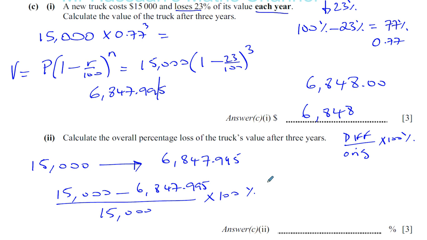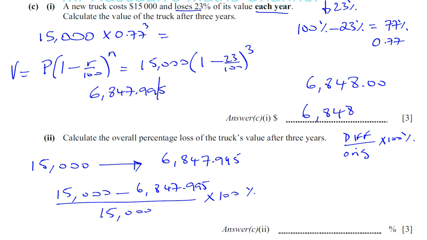Now, if you write it in this form, that helps you to remember what the original value is. It went from this value to that value. Sometimes it's an increase, sometimes it's a decrease. In this case, it's a decrease. But if you write that's where it started, that's where it ended, difference over original times 100%, that will make things very clear for you.